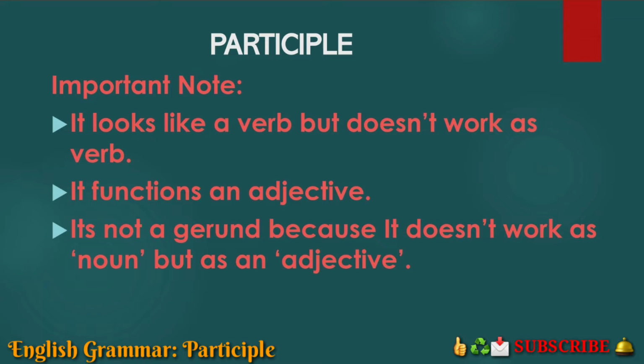It functions or works as an adjective in the sentence. It's not a gerund because it doesn't work as a noun but as an adjective. Okay, students, so you should know all these three important things about the participle so that you can easily find out a participle in the sentence.